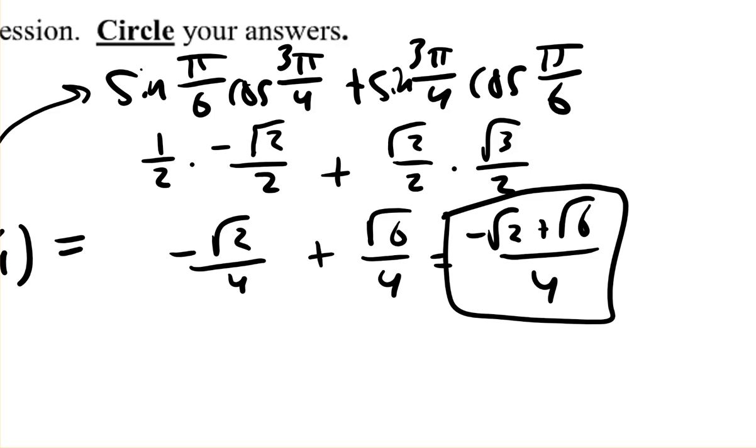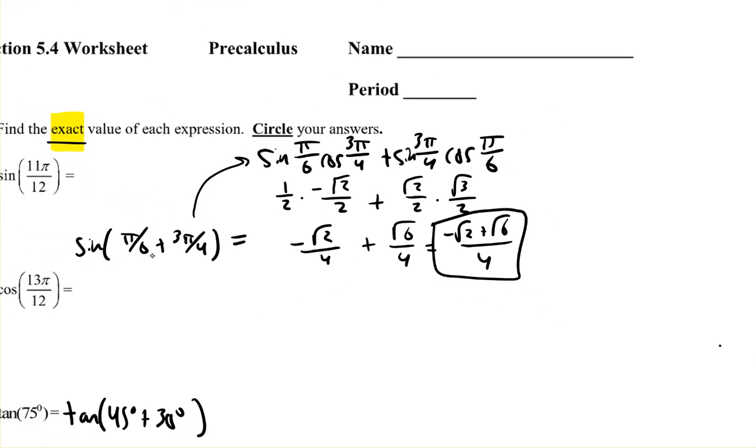Yes? Can you go back to the sine formula to make sure I copied it down right? Is it sine of u cosine of v plus or minus sine of v times cosine of u? Okay, well it's only going to be one of them. Yeah, if it's plus, then this is plus.